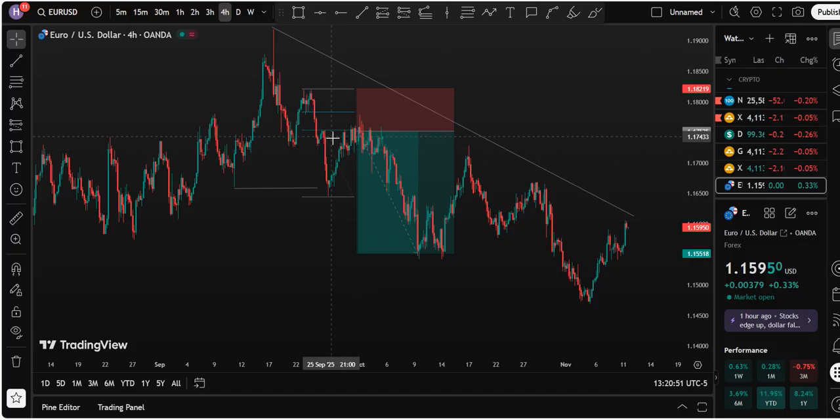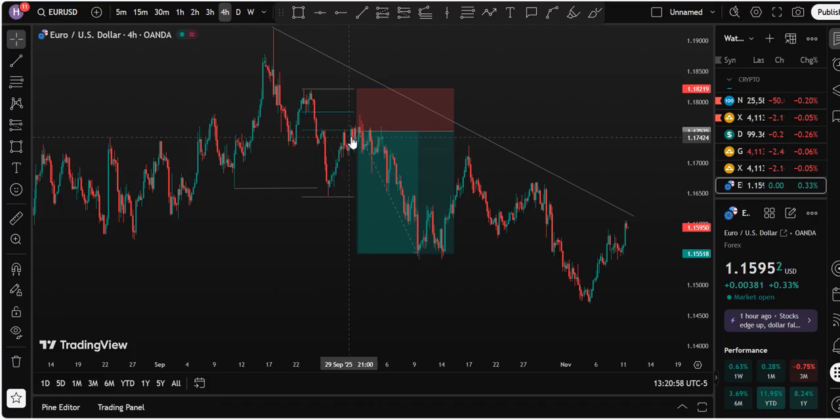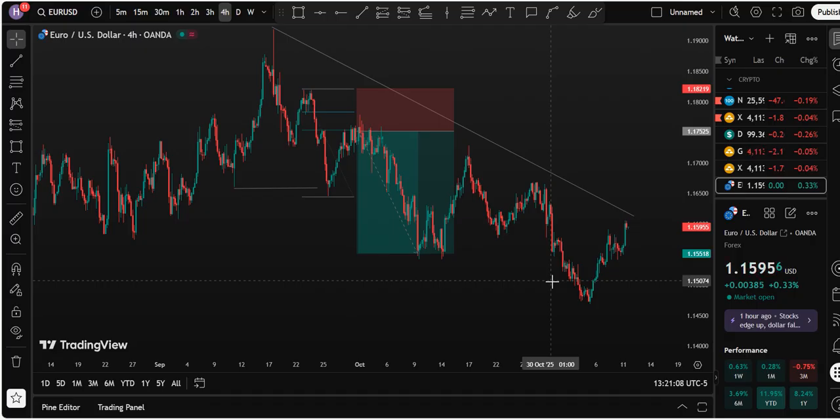So now your high probability setups will be selling opportunities, not buying opportunities, in a downtrend or an overall downtrend. Don't focus on buying opportunities, only focus on sell opportunities, and those are defined as high probability setups.